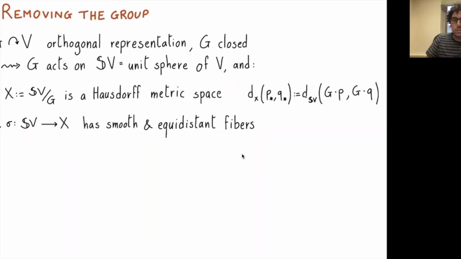This map has fibers that are smooth because the fibers are just the orbits of the action, and they are equidistant. By equidistant, I mean that for any two orbits, the distance between them does not depend on which point you look at, on which point in one orbit you measure the distance from to the other.